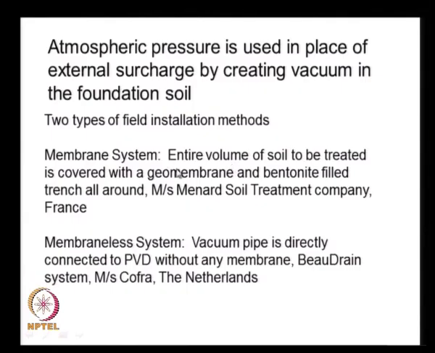Here we cover the entire volume of soil to be treated by using a geomembrane, and we use a bentonite filled trench all around the treated area to isolate the volume of soil that is treated from the rest of the soil medium, so that our vacuum is preserved. And this method was developed by Menard Soil Treatment Company in France.